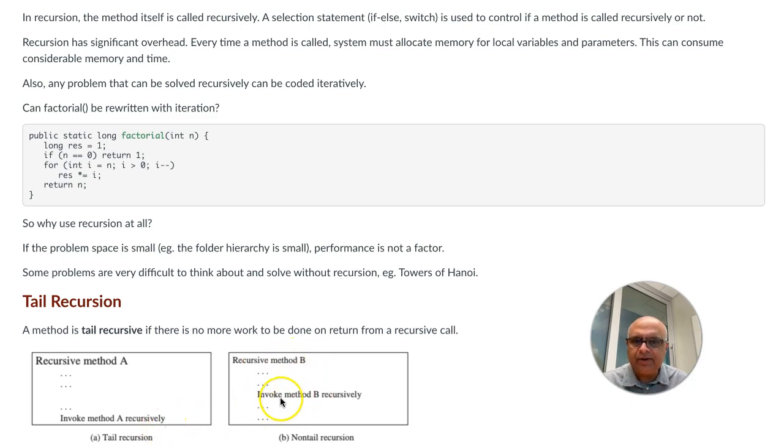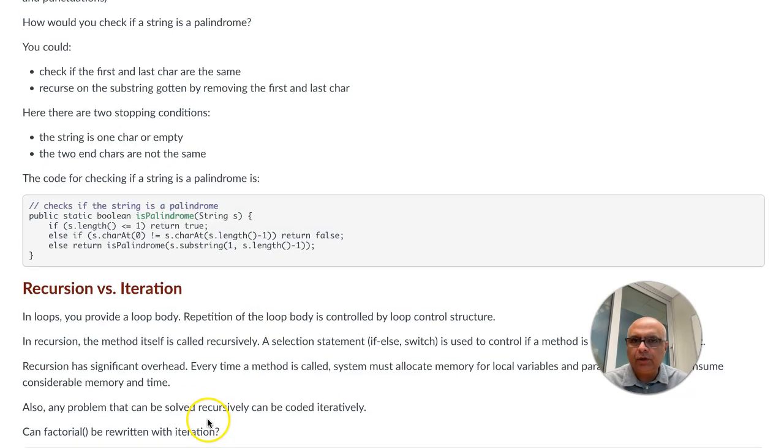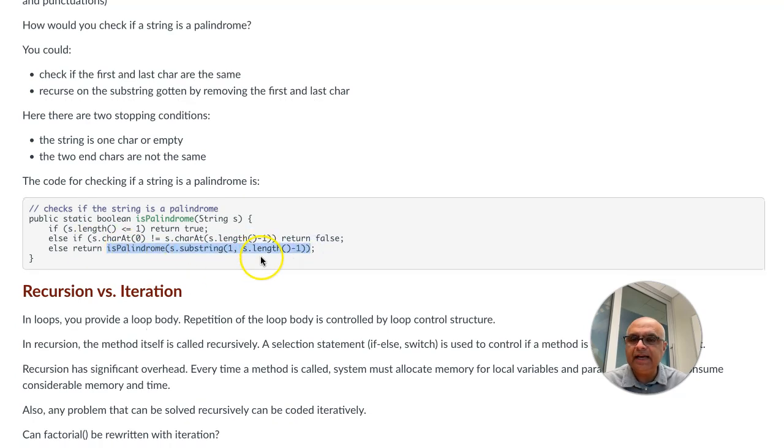This one is not tail recursive because you call it recursively and then you do some work afterwards, right? For example, isPalindrome is tail recursive because no work is done afterwards. If you go back here, it just returns right after that. There's no calculation being done afterwards.